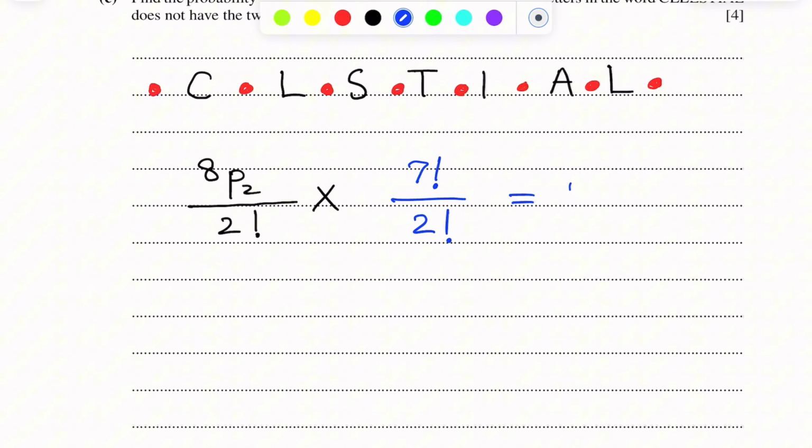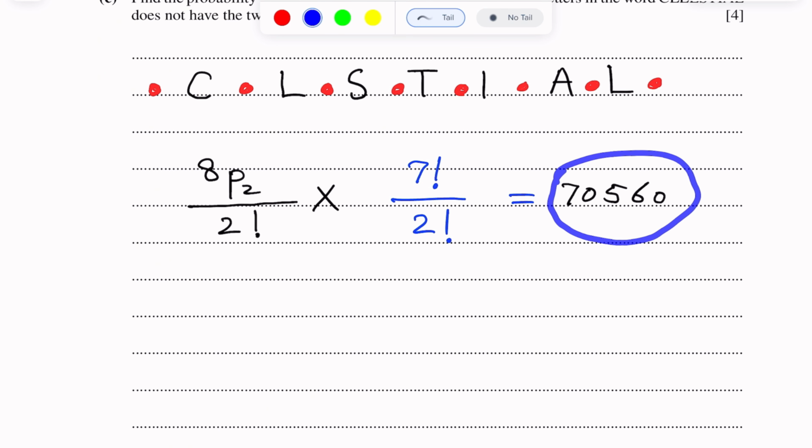We get 70560. So these are the possible outcomes.